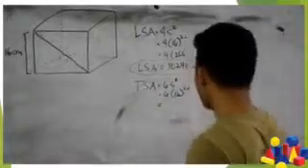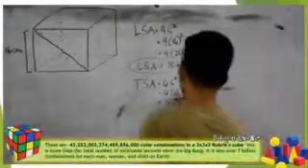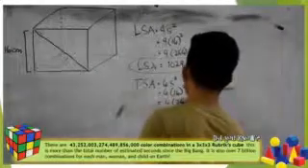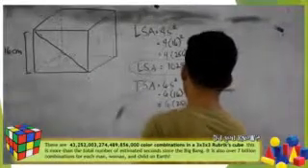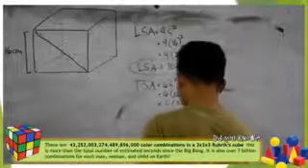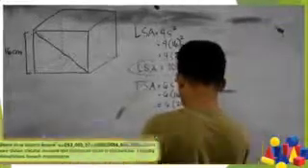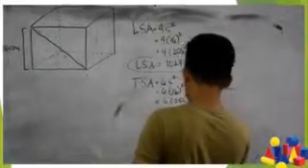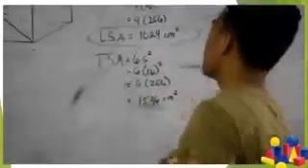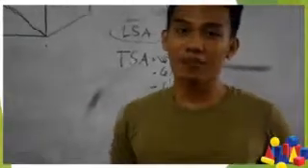So 16 squared is 256. 256 times 6 equals 1,536 centimeters squared. So, are we done yet? Not yet, because we will still have to find its volume.